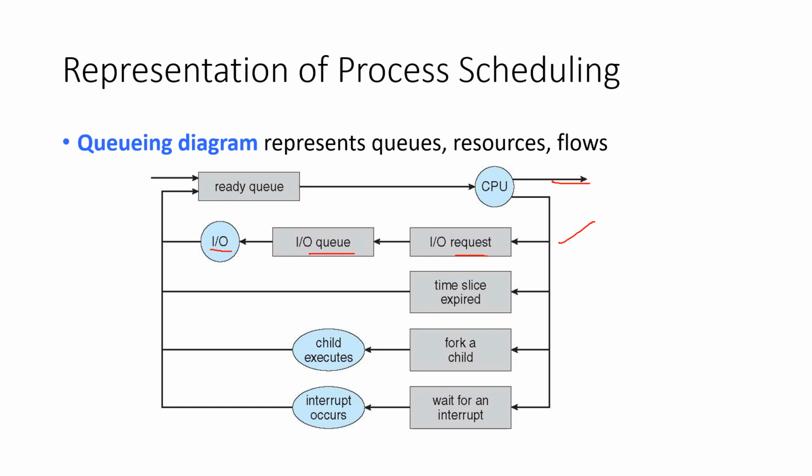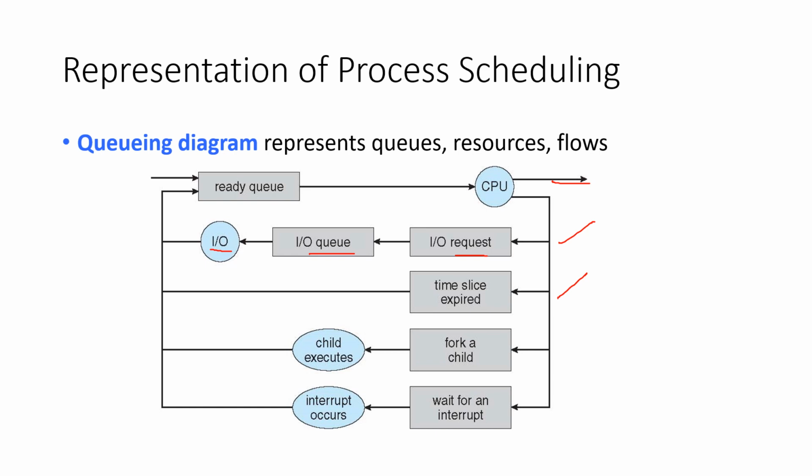Next, it can also have a time slice expired. Now what is this time slice expired? The CPU time can be divided into quantums. That means we want to give each process equal time of the CPU's attention. So, supposing there are 5 processes available and we say that the CPU's time is divided in a time quantum of 4, that means 4 milliseconds the processor will be allocated to each process in the ready queue one after the other.